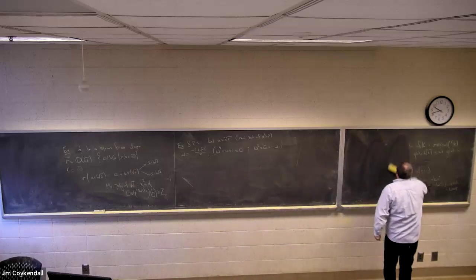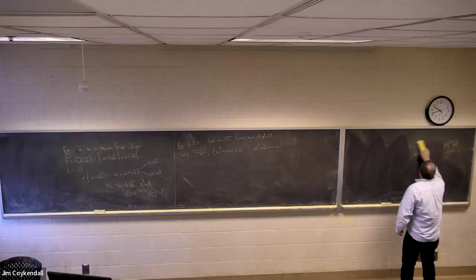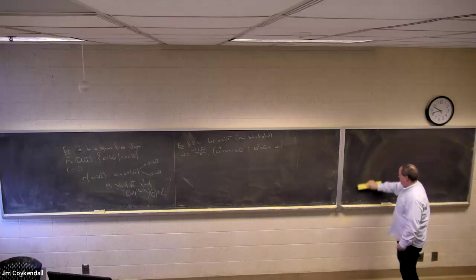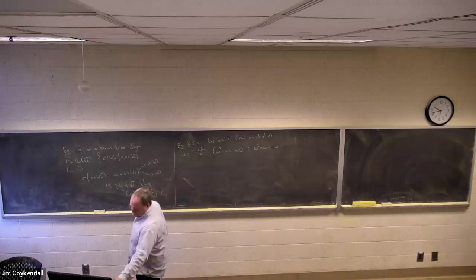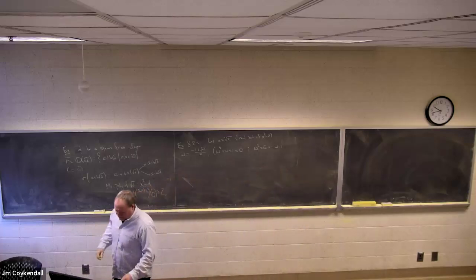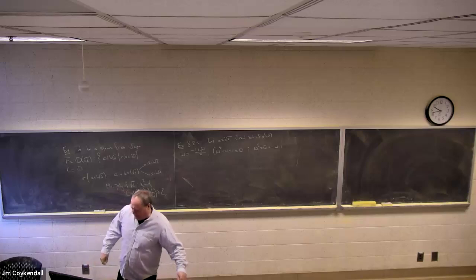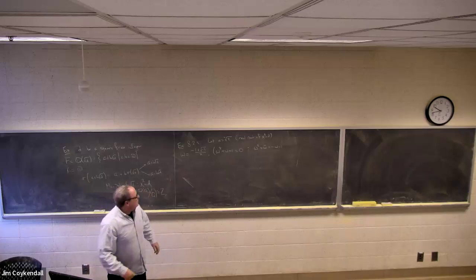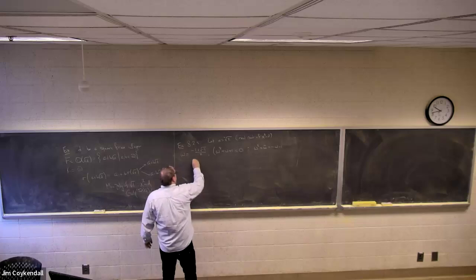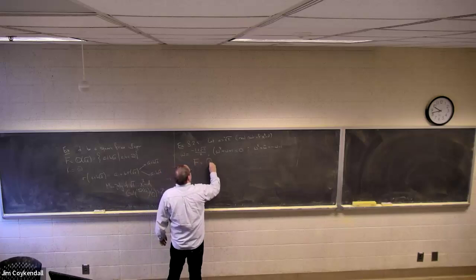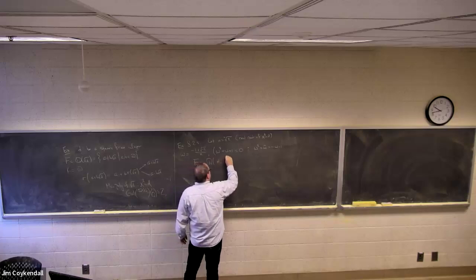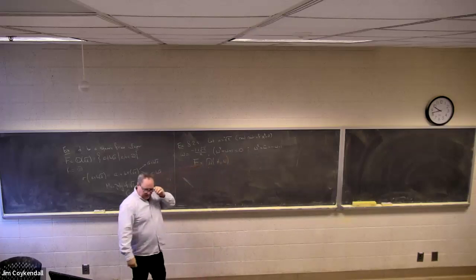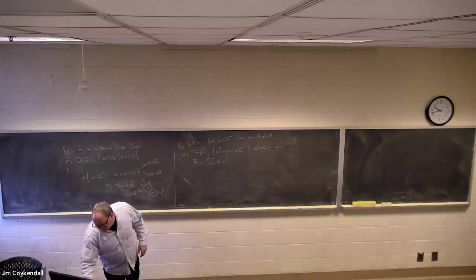Now, when we look at this field here, it turns out you can verify this, but let F be the smallest field that contains alpha, the cube root of 2, and this cube root of unity.